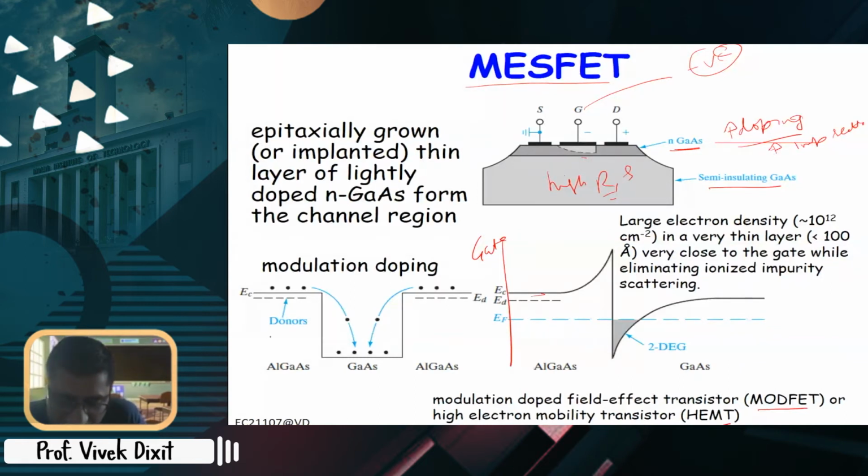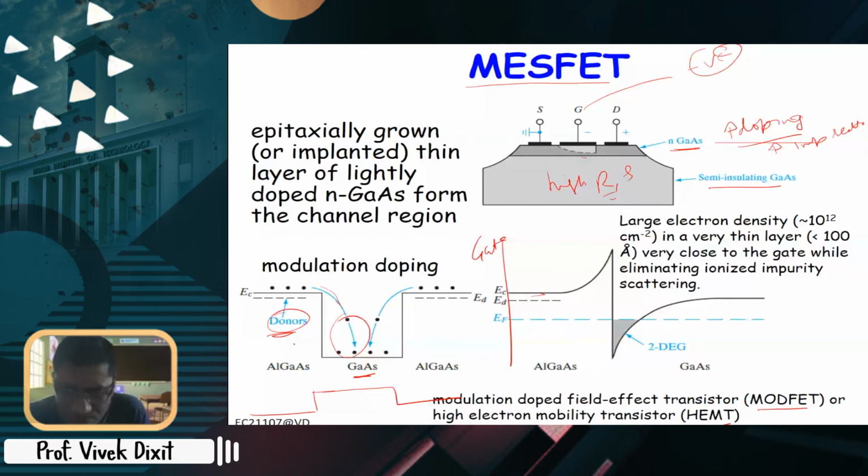So this high band gap material is actually doped, and low band gap material is not doped, but it has a, you can think like this, it has a smaller band gap. So these electrons will have tendency to go to this quantum well, the well that is formed by low band gap material. So now donors are here, but the carriers are here. So when these carriers move, they will not experience the scattering, right? So their mobility will be even higher.